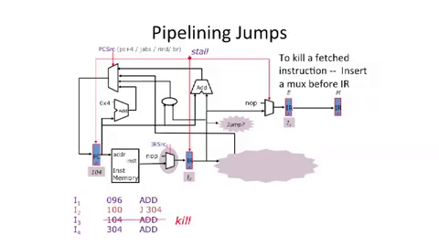And if we have a jump that gets to the decode stage of the pipe, we're going to wire back in and say, oh, that instruction we just fetched, this one here, is not actually supposed to go down the pipe. We should kill it. So we're going to swing this mux, and right at the end of the cycle, we're going to say, no, that's actually a no-op. We're going to insert it into the pipe. And we're going to redirect this multiplexer here to the actual jump location.